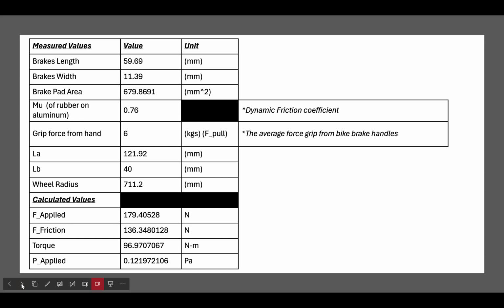And when you multiply that by the radius, working in meters, the torque comes out to be 96.67 newton meters. And then the total pressure applied to the brake from the pad itself came out to be 0.1219 pascals, which is the force applied over the area of the pad itself.